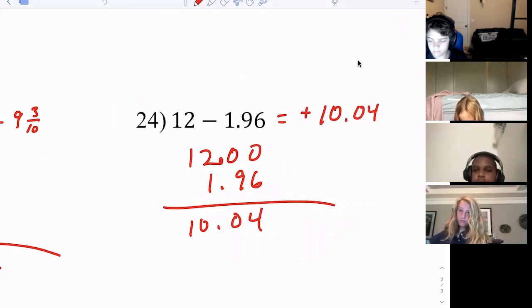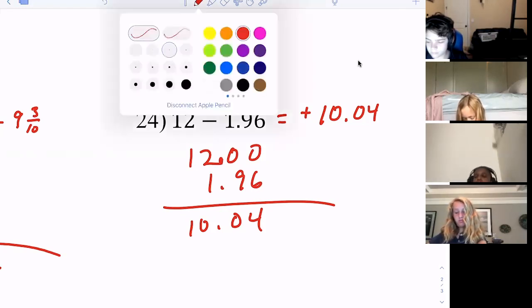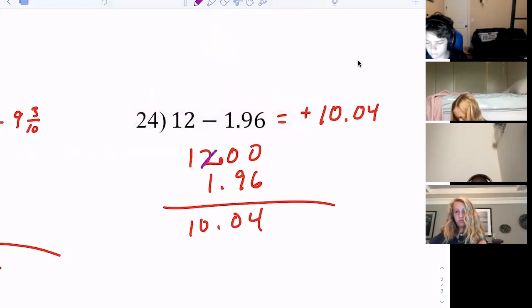Now I'm thinking I've just subtracted 2, right? 12 minus 2 is 10, and then I add back 0.04. Now, if you want, of course, you can borrow. It's kind of annoying to borrow all the time. Make that a 1, make that a 9, make that a 10. How's everybody doing on that? Good review on those decimals. All right, here we go.